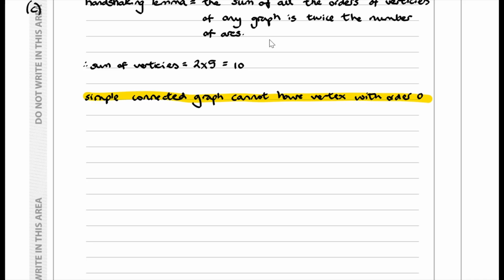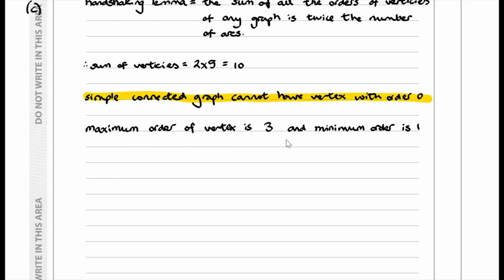Okay? Now, if we have 4 vertices, then the maximum order of a vertex is 3, but the minimum order of the vertex would be 1. Let's just write that down.